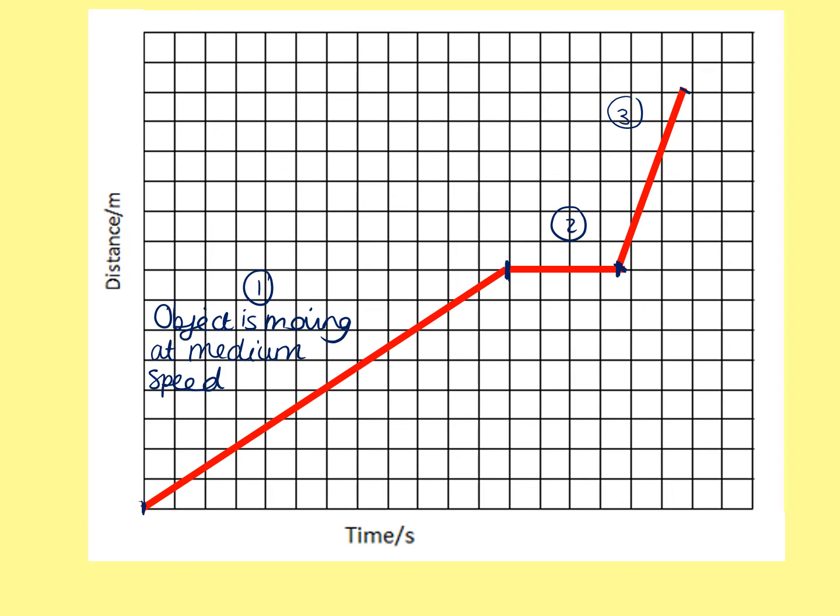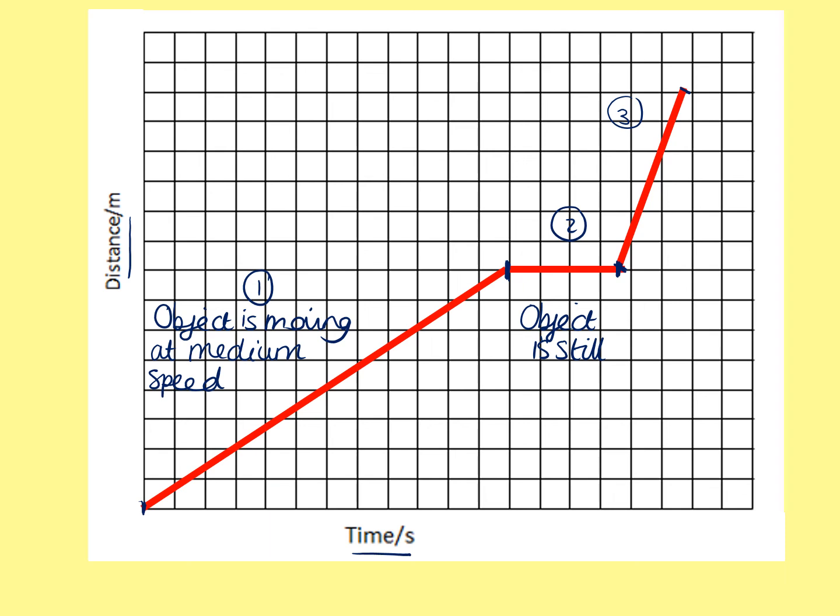Section 2. Now I know that a flat line on a distance time graph means that the object is not moving. So the object is still. The object is not moving. Section 3, the object is moving again because there's a gradient. We can see that for a bit of time the distance is increasing.